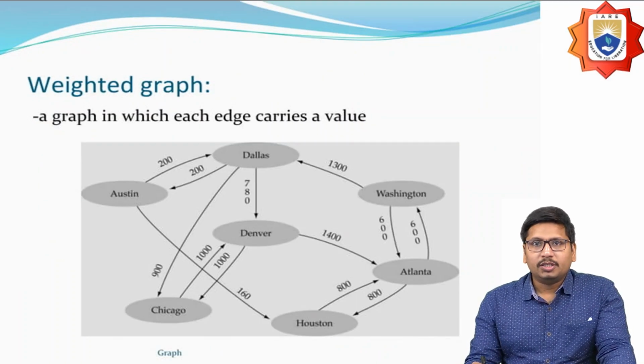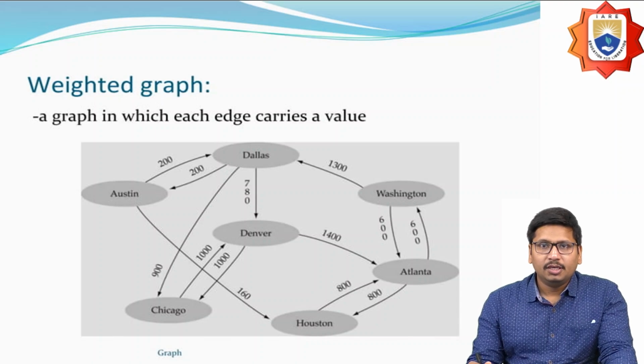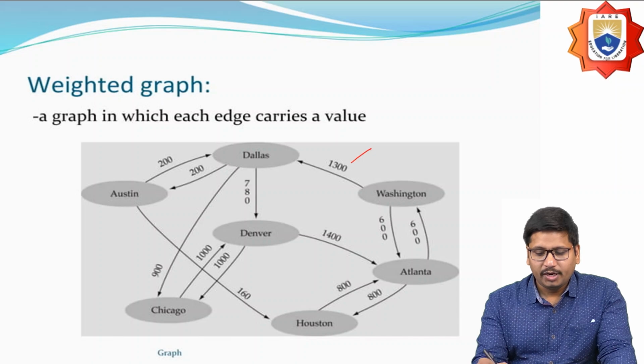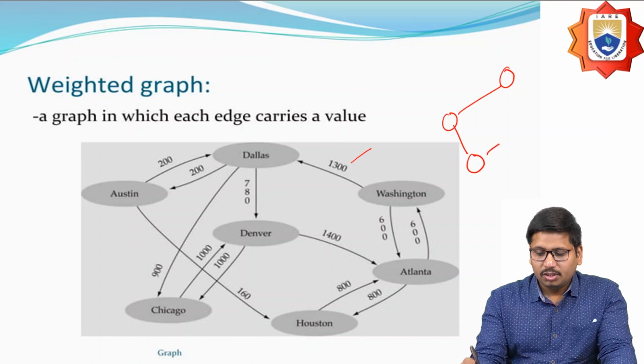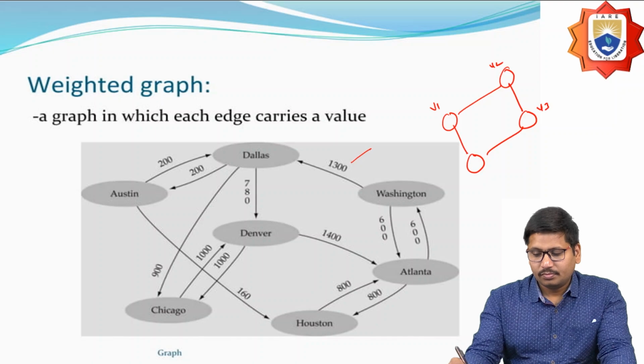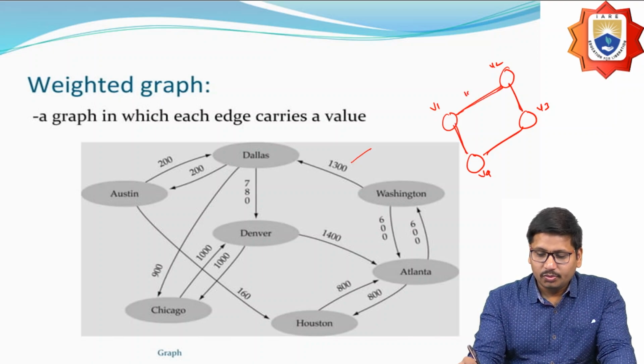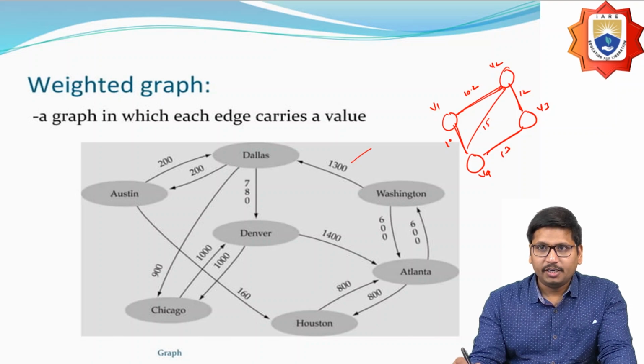Suppose I consider a weighted graph here. The graph whose edges carry values is called a weighted graph. To represent it, these are the set of vertices and this is the set of edges, and if I assign values to the edges like this, then it is called a weighted graph.